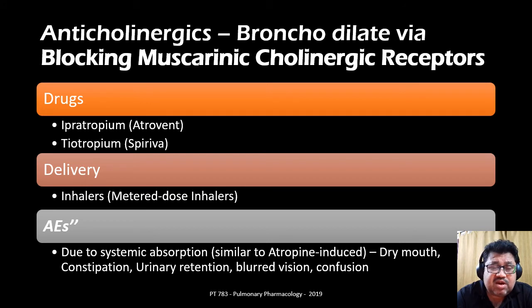These drugs are primarily delivered in the airways, but some of it may be swallowed and eventually absorbed into the bloodstream from the gut, and that's how it gets into systemic circulation. It leads to dry mouth, constipation, urinary retention, blurred vision, and confusion. Otherwise, without systemic absorption, these drugs are relatively safe to use.